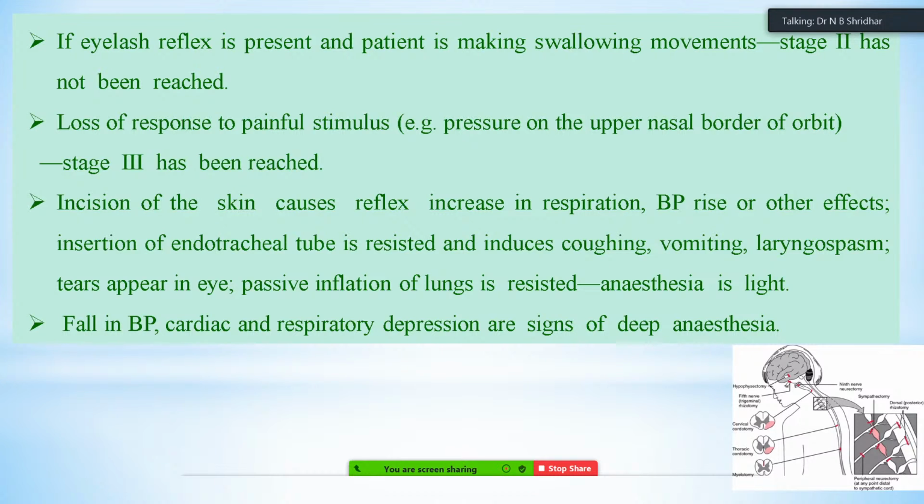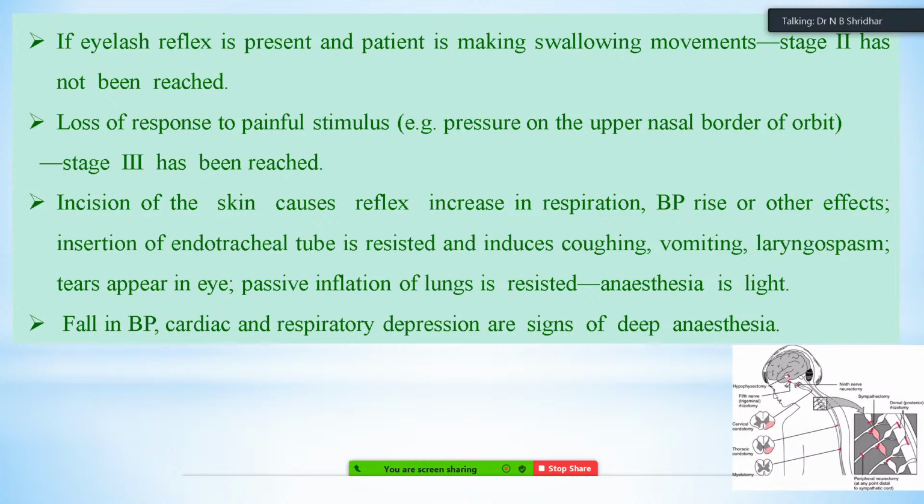If the eyelash reflex is present and the patient is making swallowing movements, stage 2 has not been passed. How do we confirm whether anesthesia has been reached or not? If you observe the throat region, you can see involuntary swallowing movements in the patient, and it indicates that stage 2, the delirium stage, has not been passed at all.